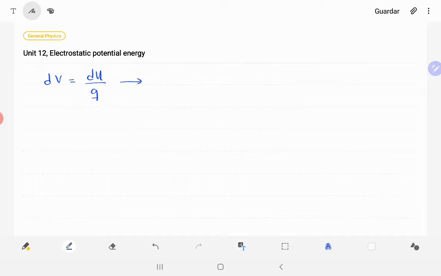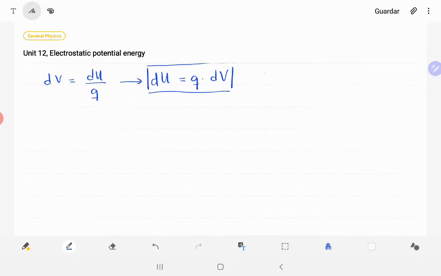Okay, so we can use this expression to go back to the electrostatic potential energy. So the change in electrostatic potential energy that a point charge suffers, because there is a change of electric potential, is given by the product of this electric charge Q times the change of electric potential. If you remember, we can choose the origin of the electric potential at any point, because what is important is differences of electric potential.